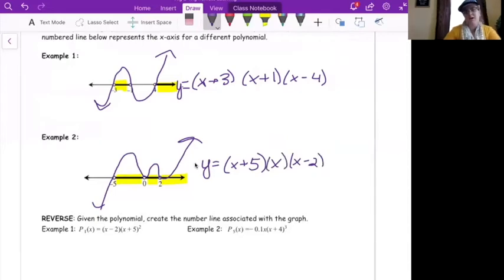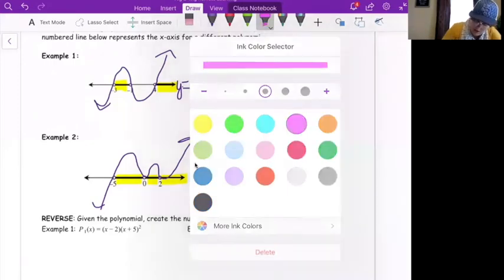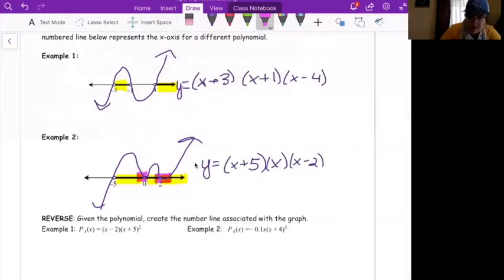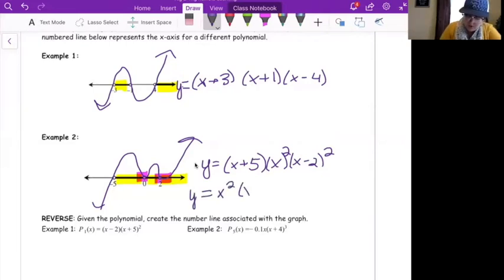And so then because we have the bounces here and here, that means that we have to have an exponent of at least 2 for both of those x-intercepts, for both of those factors. So this would be x squared and x minus 2 squared. And so typically we see if it's just x squared, we'll see that in front. So I'm going to rewrite this as y equals x squared, x plus 5, x minus 2 squared.